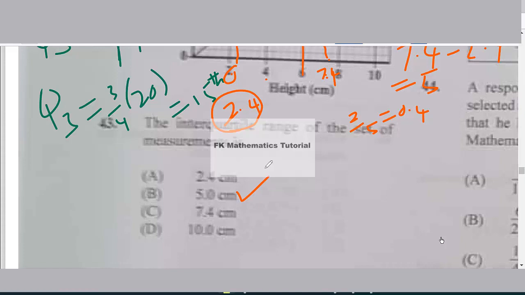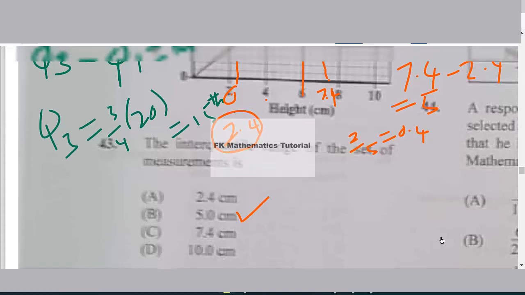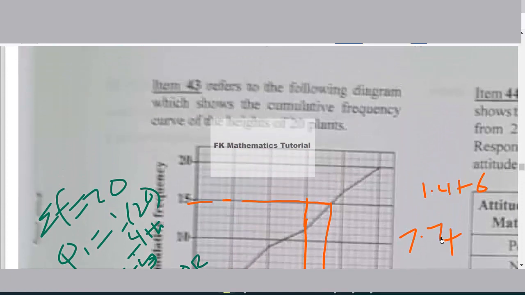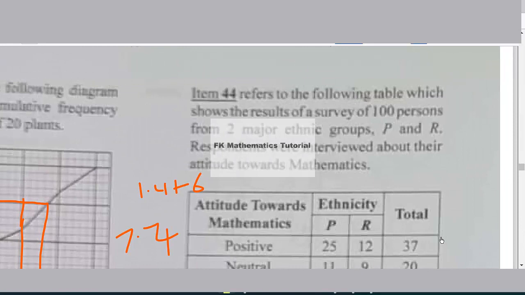Now let's look at item 44. Item 44 refers to the following table, which shows the result of a survey of 100 persons from two major ethnic groups, P and R. Respondents were interviewed about their attitude towards mathematics.